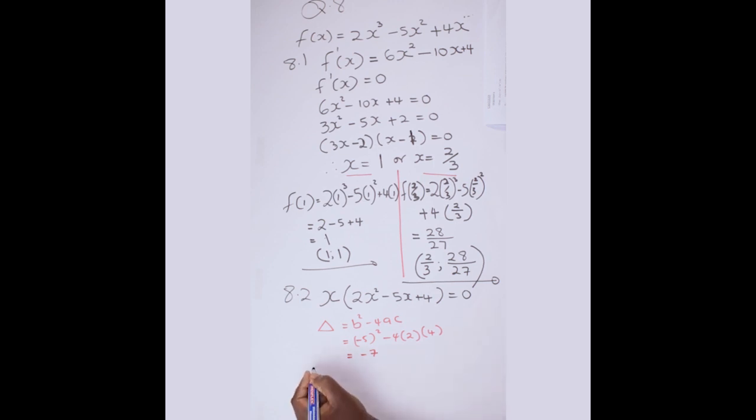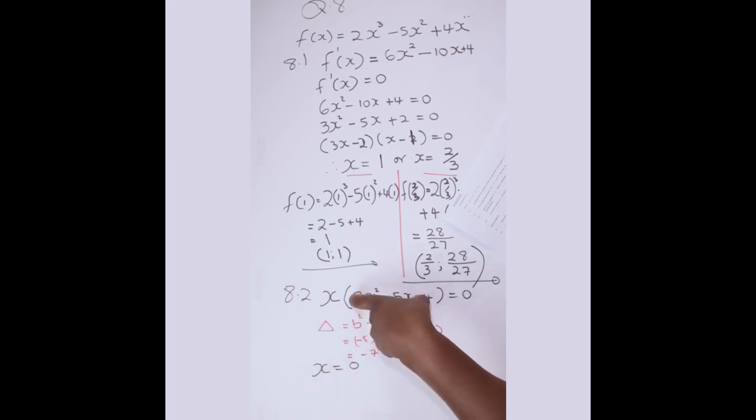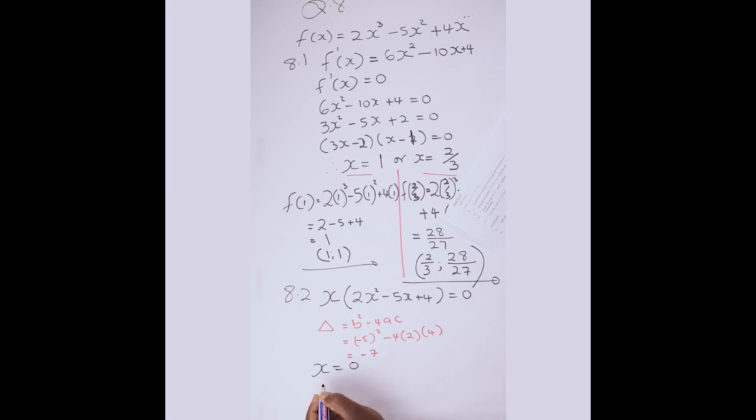The only real solution you have, therefore, is x equals 0. There's only one. The bracket does not have any real solution. So yes, you have proven that there's only one real solution.